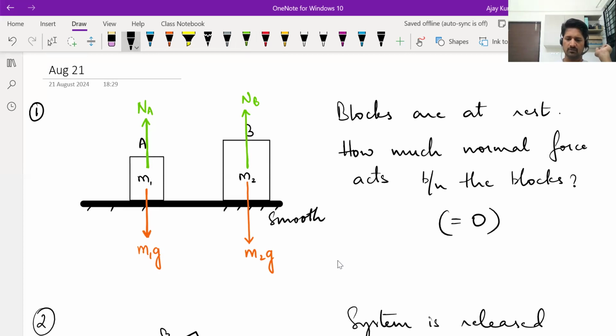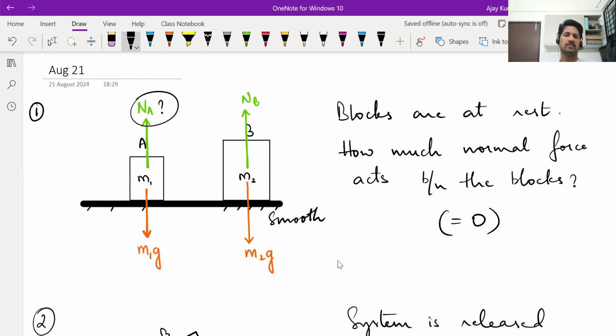What gives rise to this normal force? Anyone, why is that normal force arising? Like what makes A press the surface? Gravitation force. Gravity, correct. A's weight is trying to pull it down and the surface is in the way.